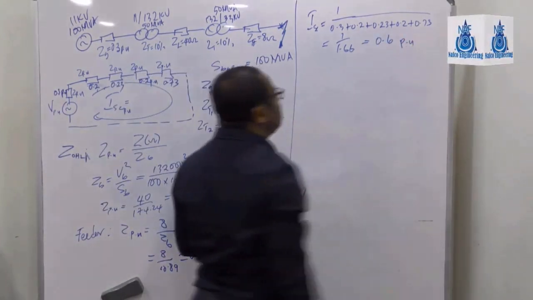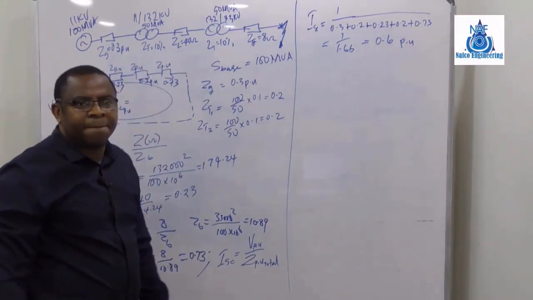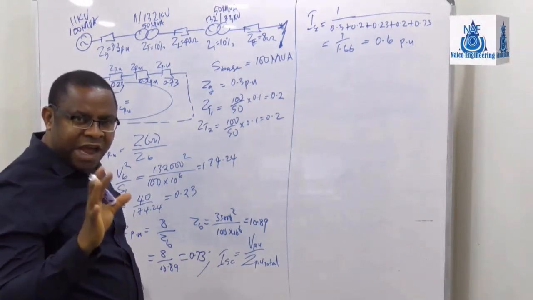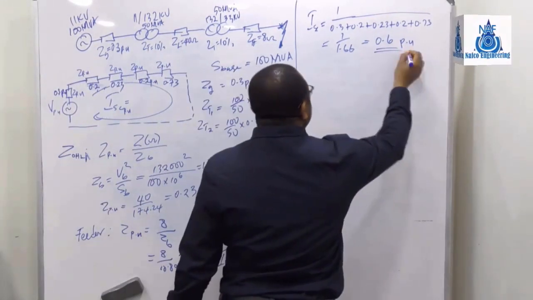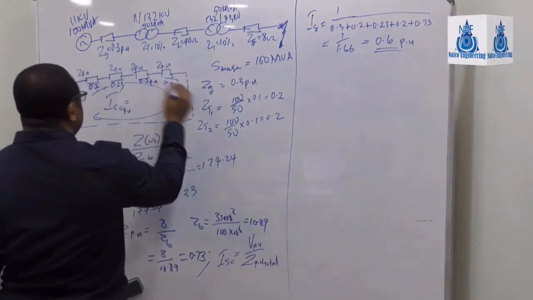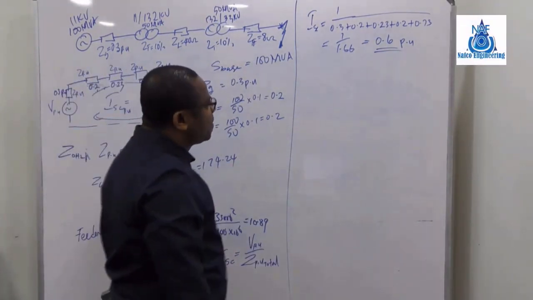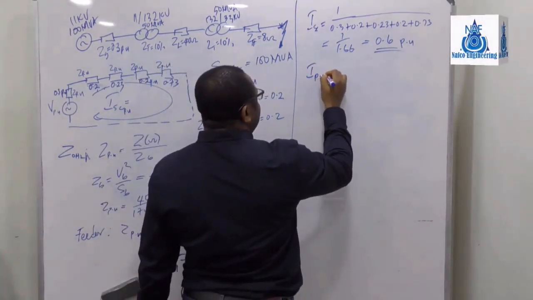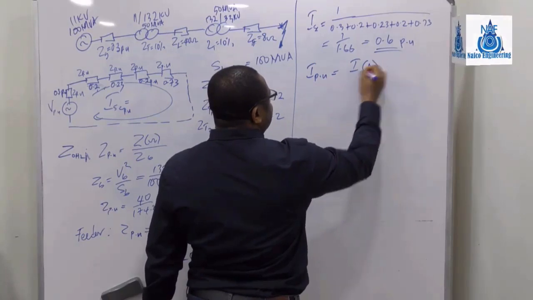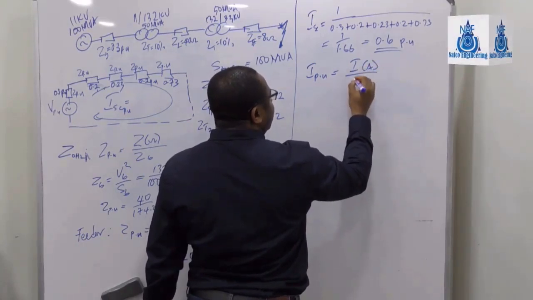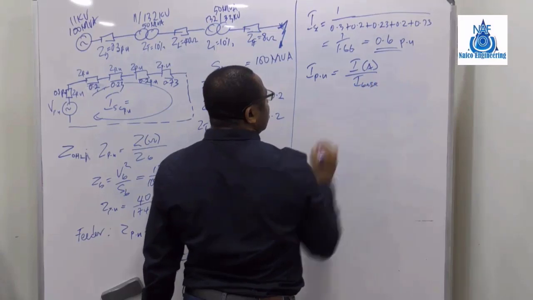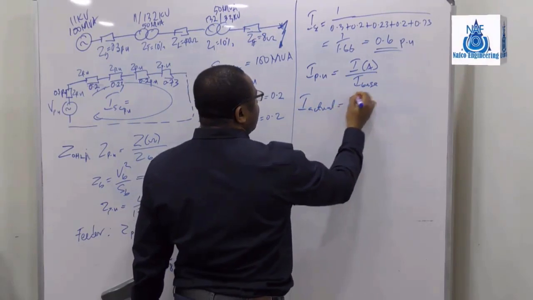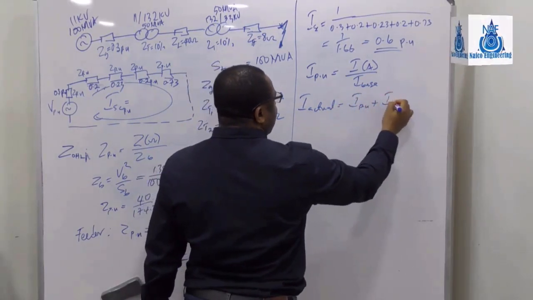But this 0.6 is in per unit. The question is to calculate the fault current, which is in amperes. So that's how much fault current will flow, but in per unit. In amperes, I per unit is I actual over I base. That means I actual will now be I per unit times I base.